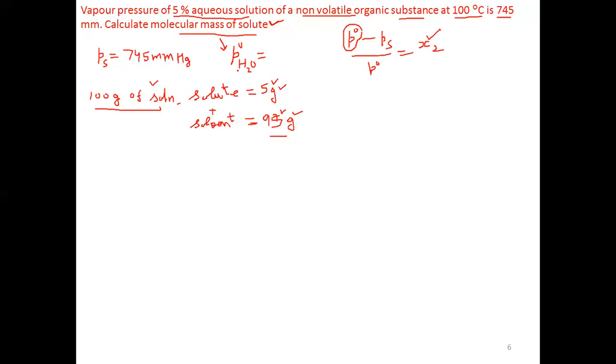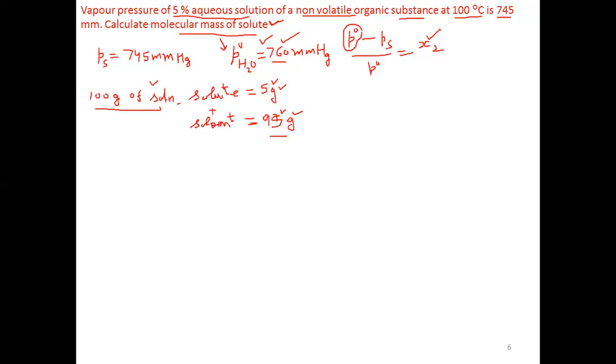At boiling point, vapor pressure becomes equal to atmospheric pressure, and 1 atmospheric pressure is equal to 760 mm mercury. So that was the trick. We have to calculate the vapor pressure of water indirectly, as the reaction condition was 100 degrees Celsius, the boiling point of water, and at boiling point its vapor pressure becomes equal to atmospheric pressure. So P naught becomes equal to 760.